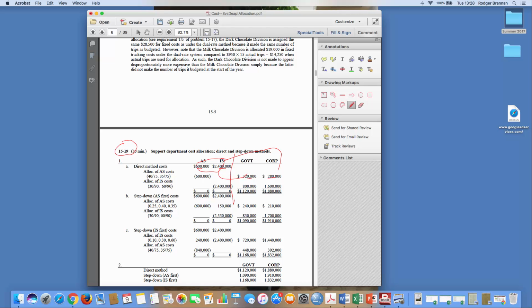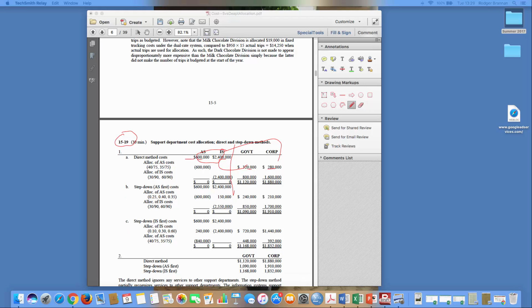So along the way, we'll have the direct plus allocated, and then again the total cost. So the total of government would be its own direct cost plus what it picked up from the support departments.